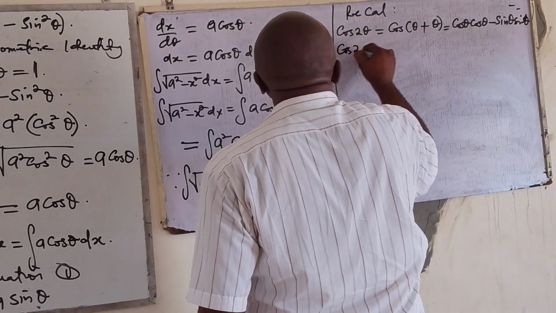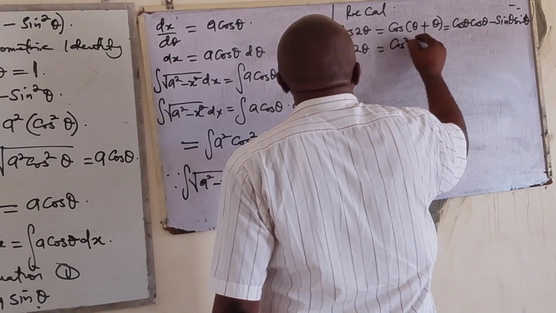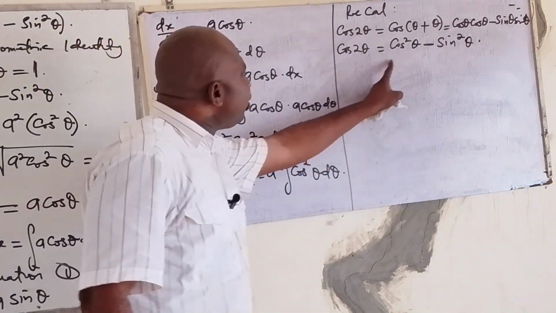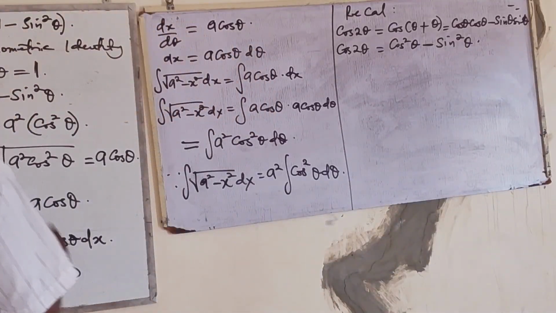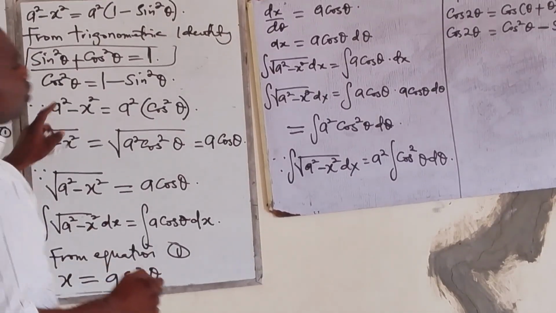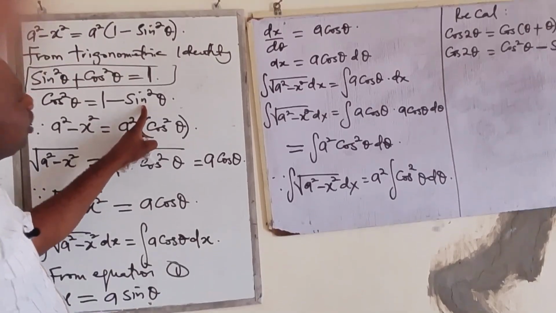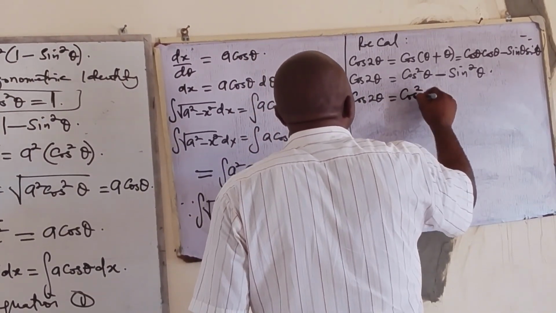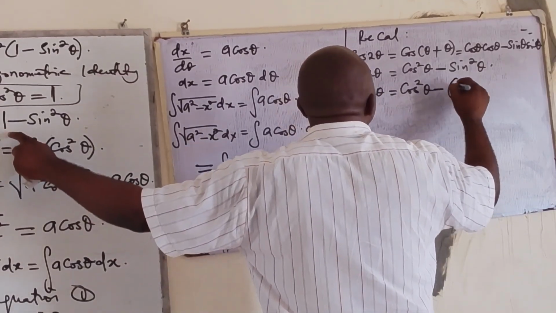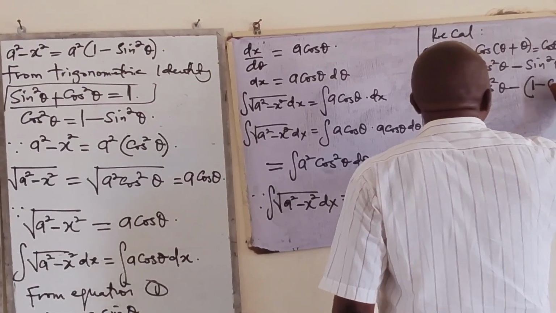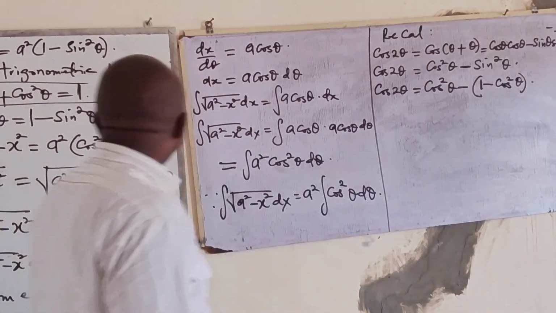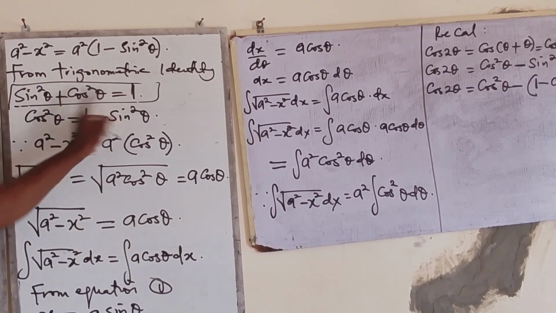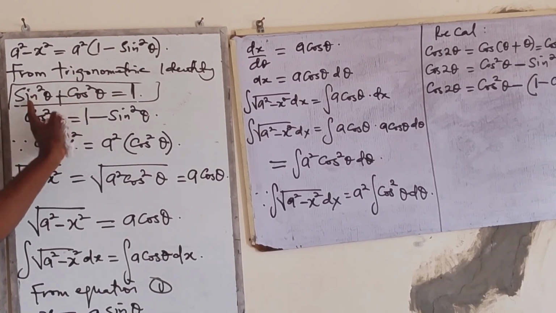So cos 2 theta is cos squared theta minus sine squared theta. From the identity sine squared theta plus cos squared theta equals 1, sine squared theta is 1 minus cos squared theta.